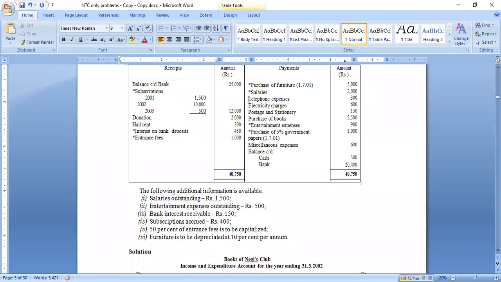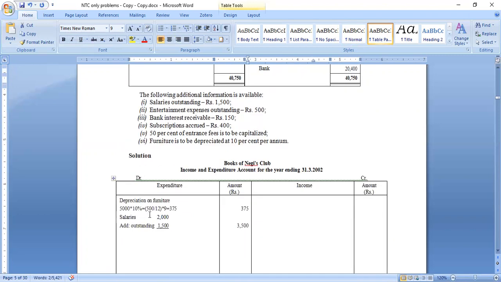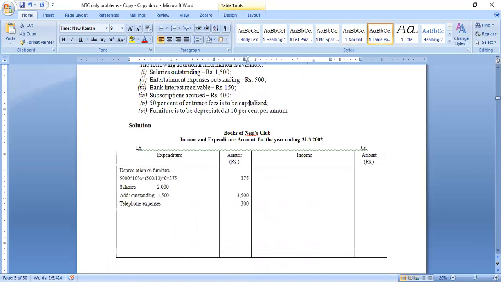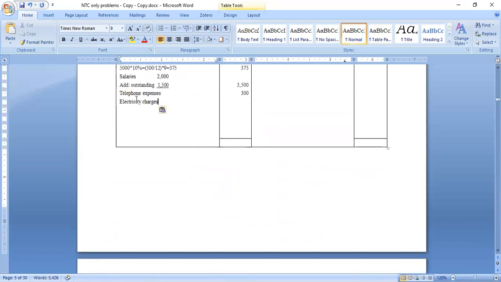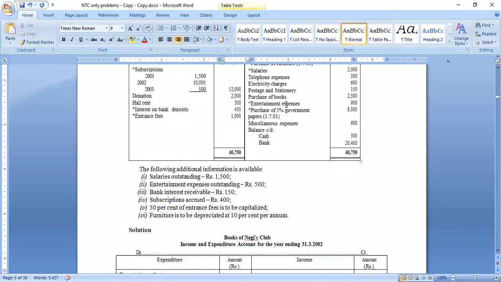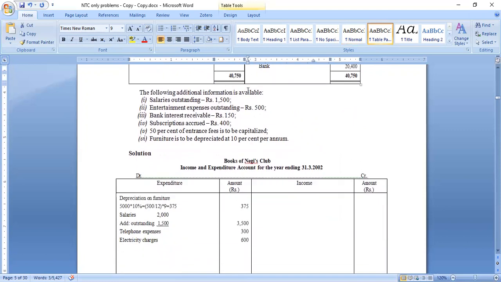So next one, telephone expenses 300, no adjustment. Next, electricity charges 600. Next, postage and stationery 150.